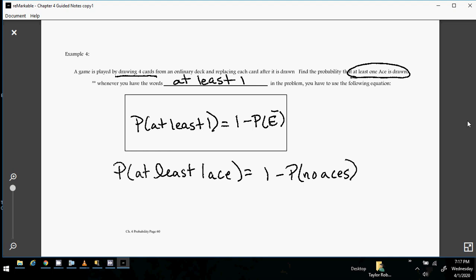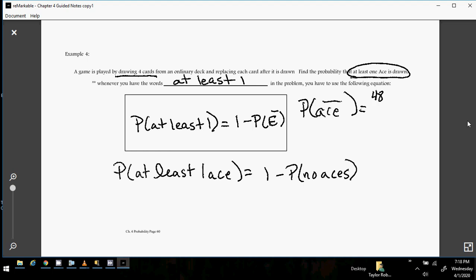Alright, so let's talk about the probability of not getting an ace. If we're not getting an ace, there are 4 aces in a deck, which means there are 48 other cards in a deck of 52 that are not aces. So the probability of not getting an ace is 48 out of 52.